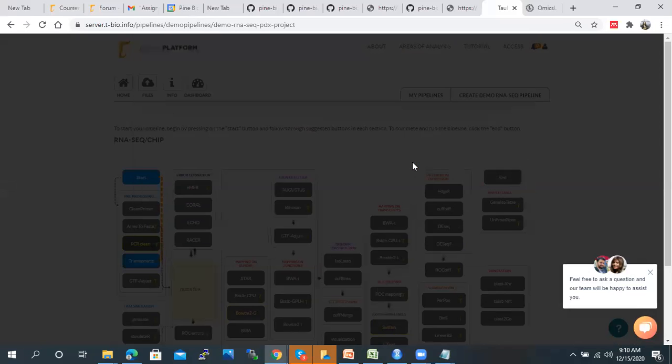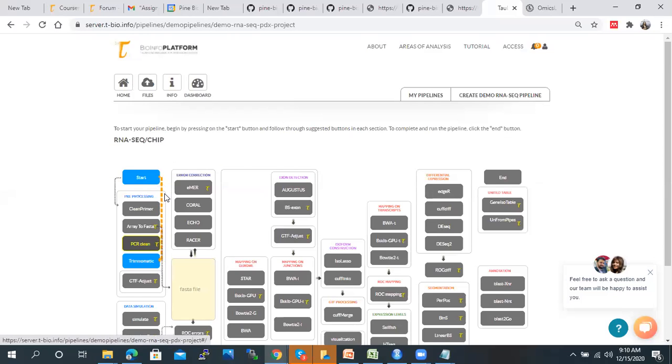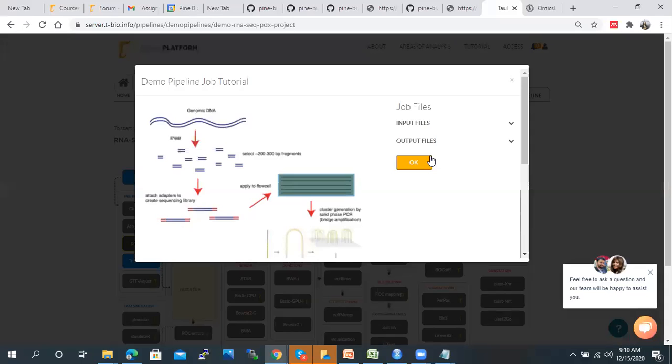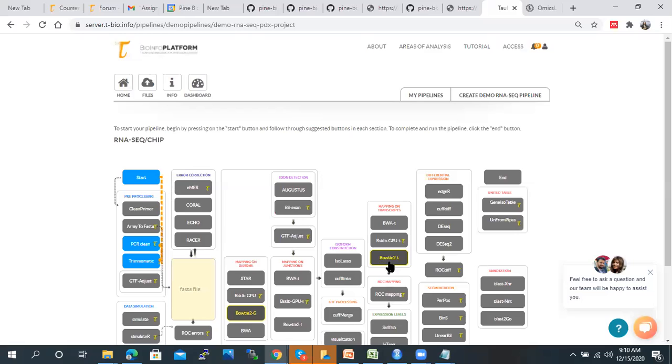The next option that is getting highlighted is PCR clean, which will remove PCR duplicates. Then we are taking HISAT2, which, once you have clean reads, will align your reads on the transcriptome.